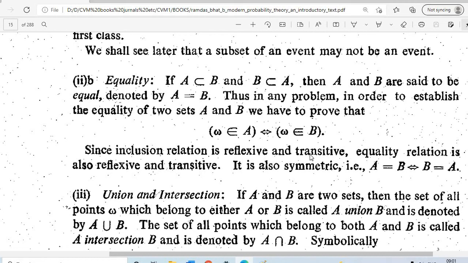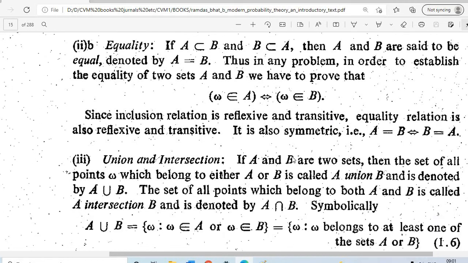In that case we consider it equality, usually called equality of two sets.